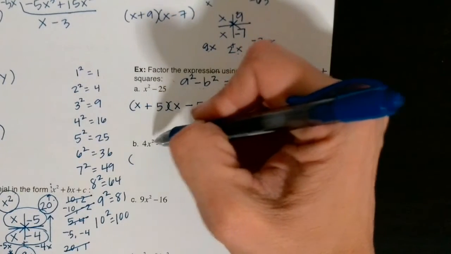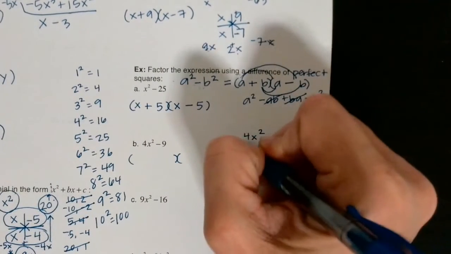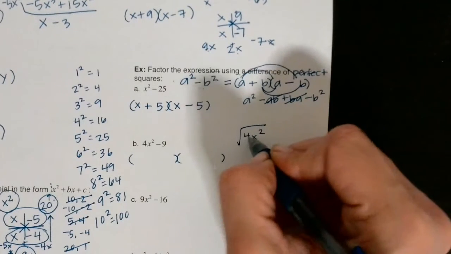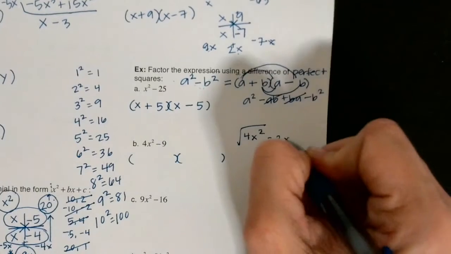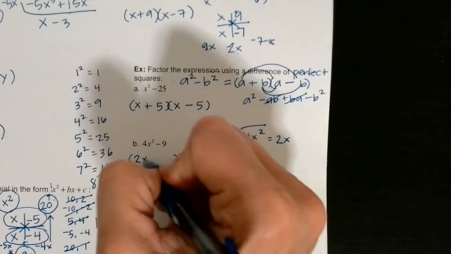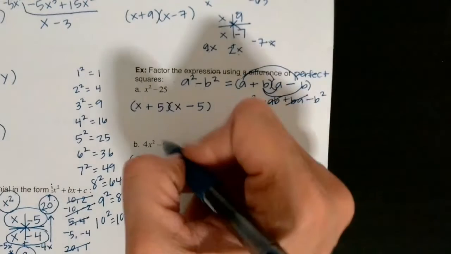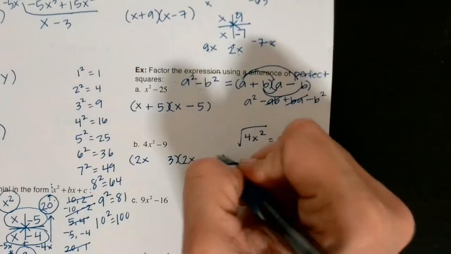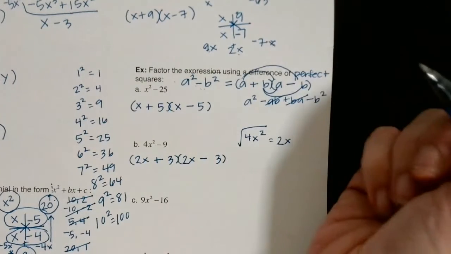So 4x squared, if I square root that, the square root of 4 is 2, and the square root of x squared is x. So the first term in each set of parentheses is 2x. Square root of 9 is 3 and 3, and then I just put a plus and a minus in between them. Okay?